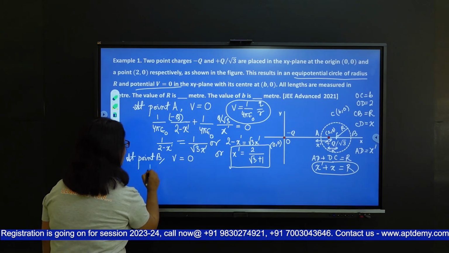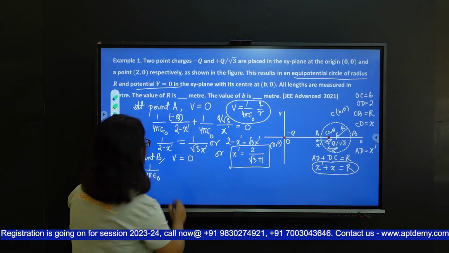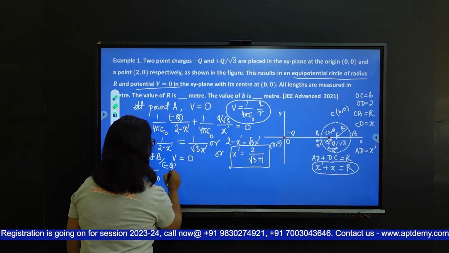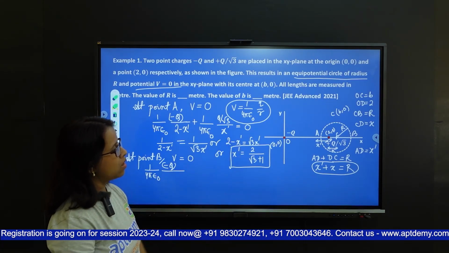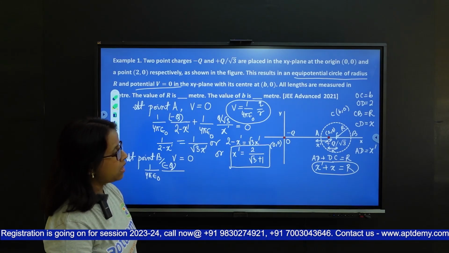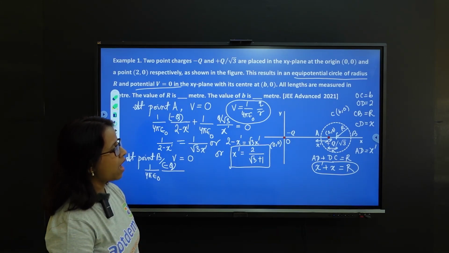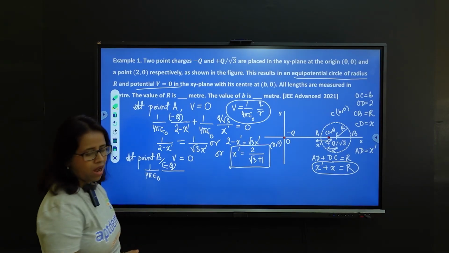So let's write it down. We have 1 by 4 pi epsilon naught, minus q by the distance between O and B. The distance O to C is equal to B, and we have BC added to it, which is R. So we have B plus R here.